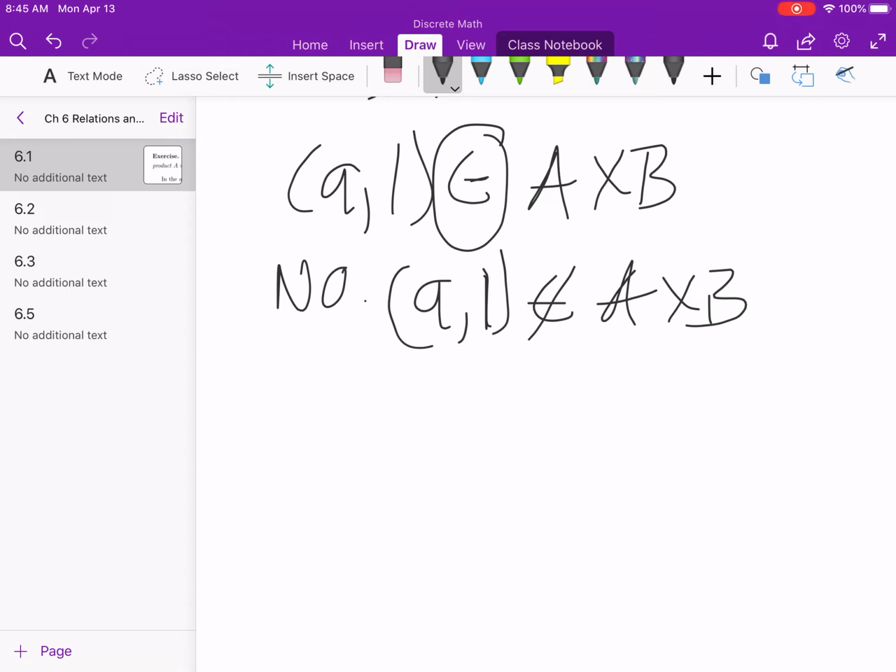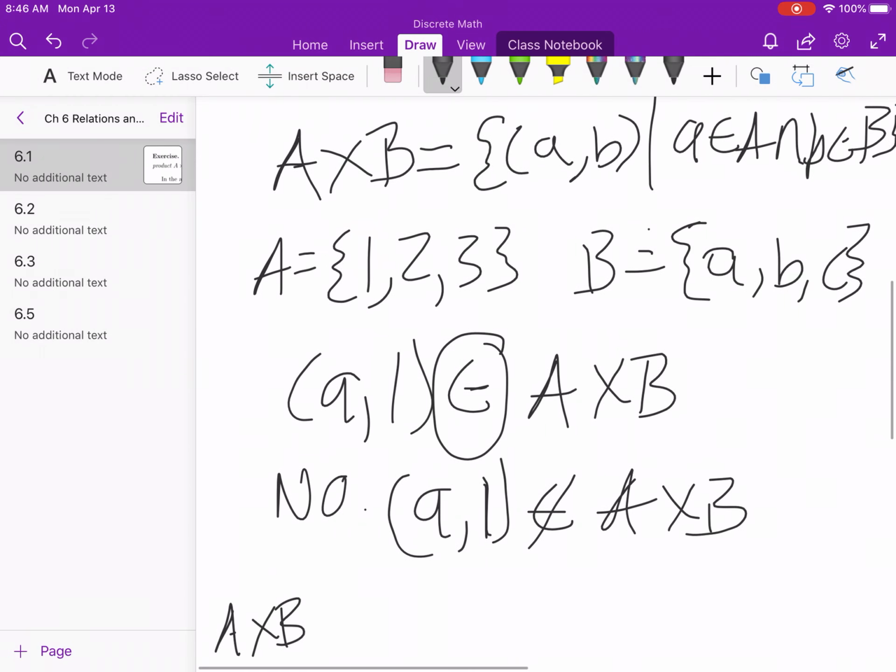And so what are the elements of A cross B? Maybe we want to figure them out. All we have to do is look at our definition from the chapter. I need to find everything in A and B and pair them up.